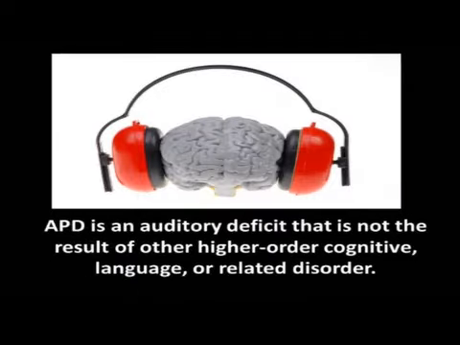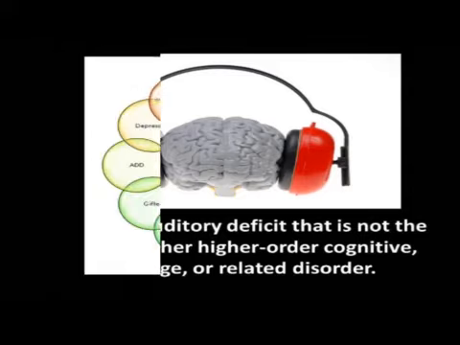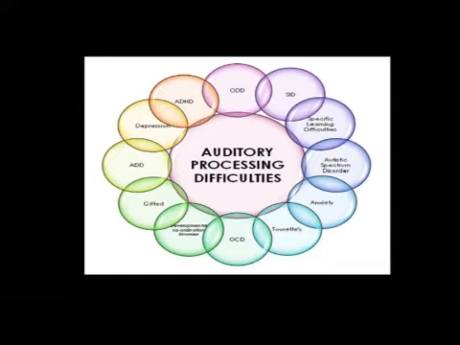To avoid confusing APD with other disorders that can affect a person's ability to attend, understand, and remember, it is important to emphasize that APD is an auditory deficit that is not the result of other higher order cognitive, language, or related disorder. There are many disorders that can affect a person's ability to understand auditory information.